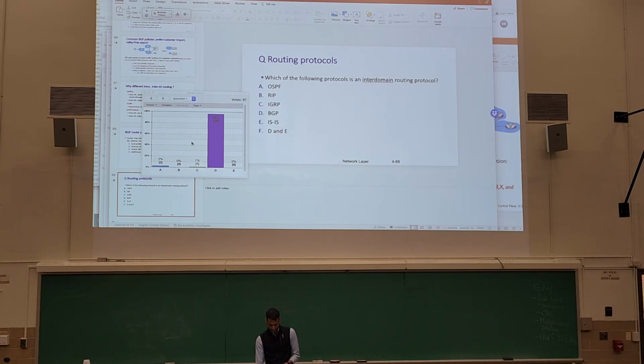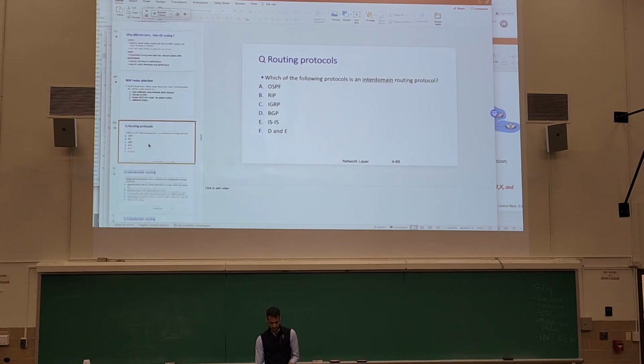So the answer is indeed D. There is only one inter-domain routing protocol in the internet, right? So you don't have to think about it. ISIS is a Cisco proprietary link state routing protocol, like OSPF, but it's not open, right? Okay, that's the right answer.